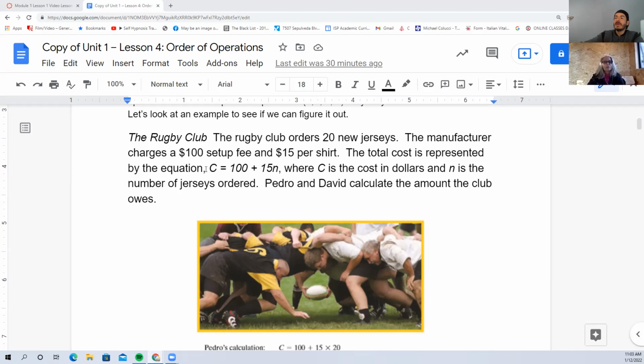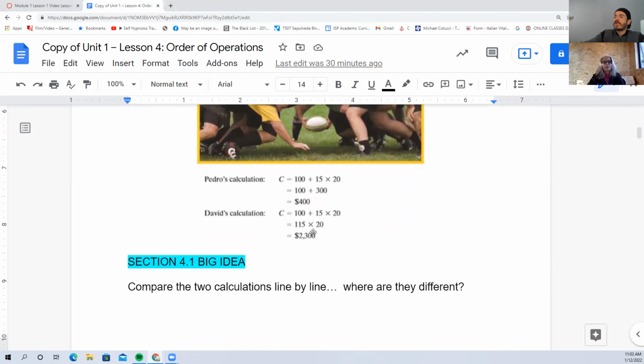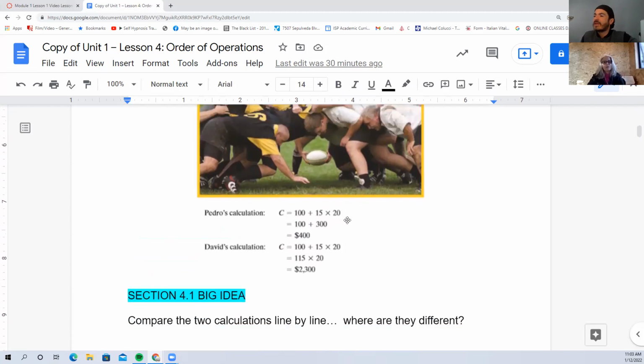So before we move on, this is an example of an algebraic expression versus the numeric expressions we've been working with, because it has letters and numbers in it. All right, so here we go. Here's Pedro's calculation. He says C is equal, that's the total cost, 100 plus 15 times 20.